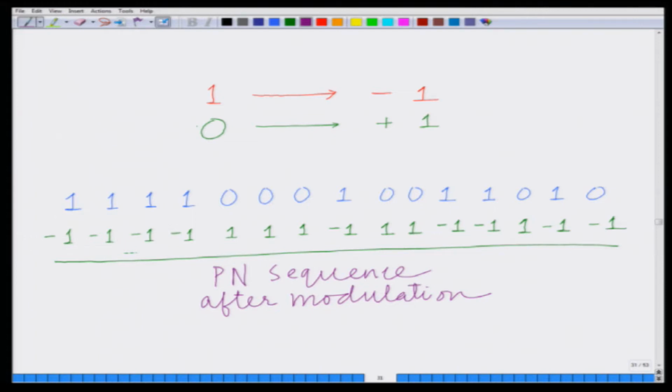So, this is the modulated PN sequence, a pseudo noise sequence which looks like a random, noise like sequence of plus ones and minus ones, which is used as a code in the CDMA system, the code by which the user signal symbol is multiplied.